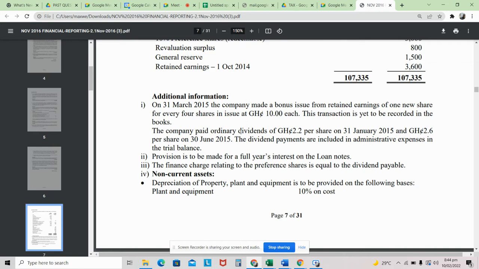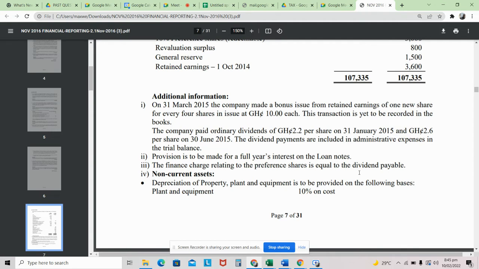The company paid ordinary dividend of 2 cedis per share on 31st January 2015 and 2 cedis 60 pesewas per share on 30th June 2015. The dividend payments are included in administrative expenses in the trial balance. Provision is to be made for a full year's interest on the loan notes. The finance charge relating to the preference shares is equal to the dividend payable.